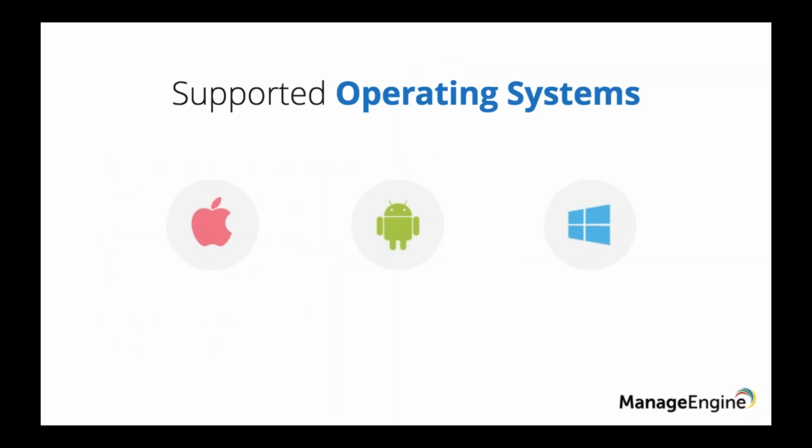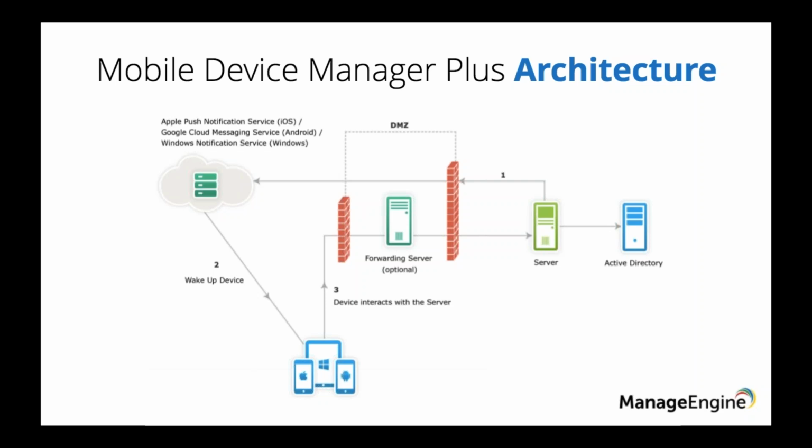Mobile Device Manager Plus allows us to manage tablets and mobile devices running on iOS, Android, and Windows operating systems. It is available as an add-on to Desktop Central, as a standalone on-premises product, as well as on cloud. So let's understand the Mobile Device Manager Plus architecture.